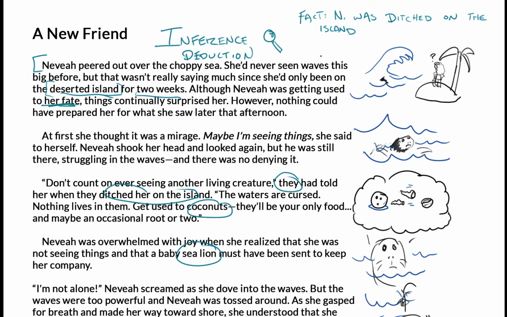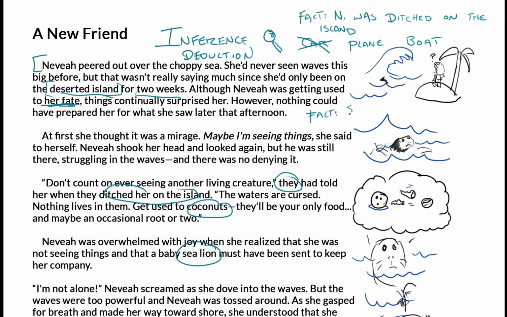I'm inferring from this that there's no way off the island, so it's probably not a car. We can rule that out. But it might be a plane or a boat. Planes, after all, can get to places that cars cannot get to, and boats can get to places that even planes can't get to. We don't really have the information to rule out plane versus boat, but that's one example of a deduction we could make.